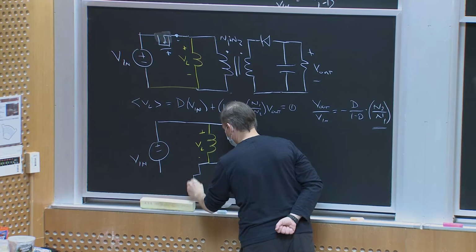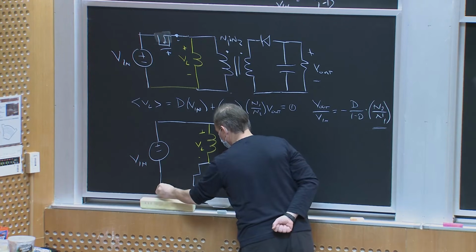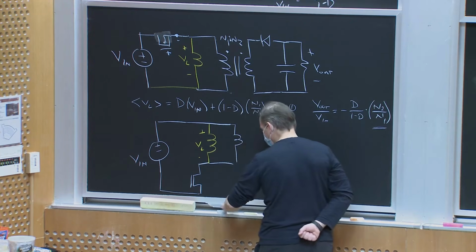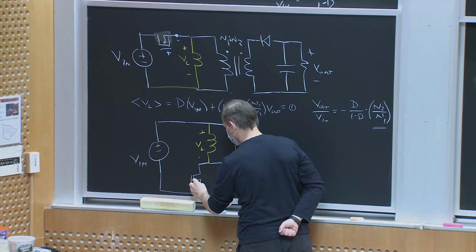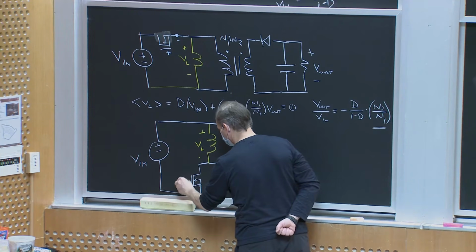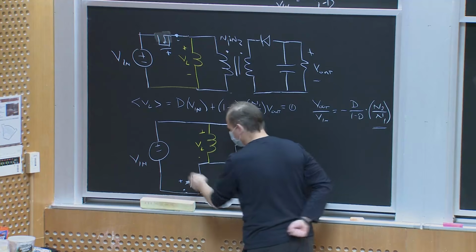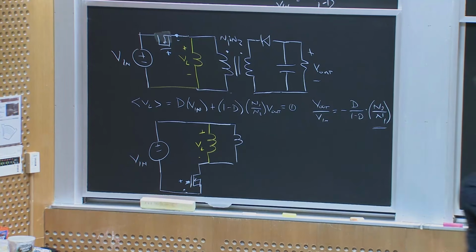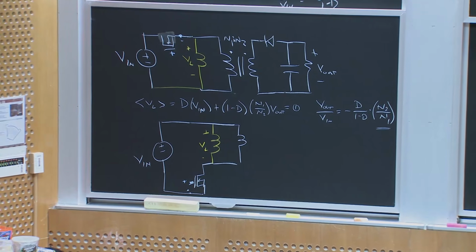And I'll put the switch here. Right? So now this switch, if this is an N channel, has its input referenced right here, and my gate drive is very convenient to implement. All right, so that's one nice thing I can do.